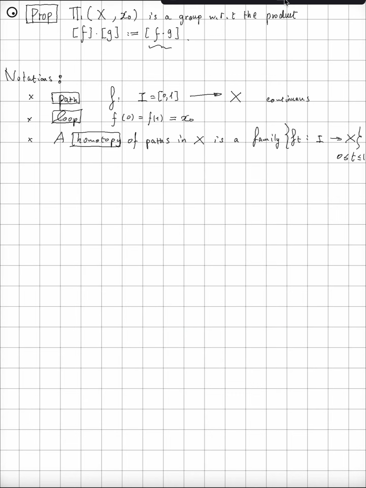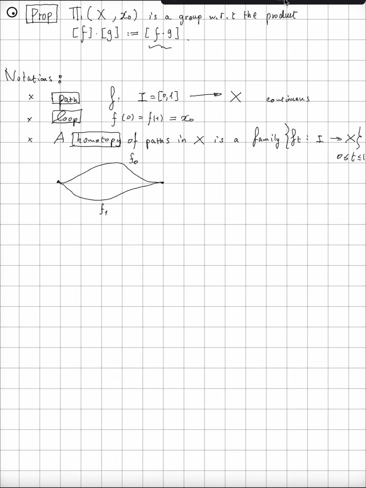So this is really a family of continuous functions, and it tells you how to transfer from the first path, which when t is evaluated at 0 is just f0, and ends at f1. It tells you how to change smoothly from your first path to the second path, from f0 to f1.